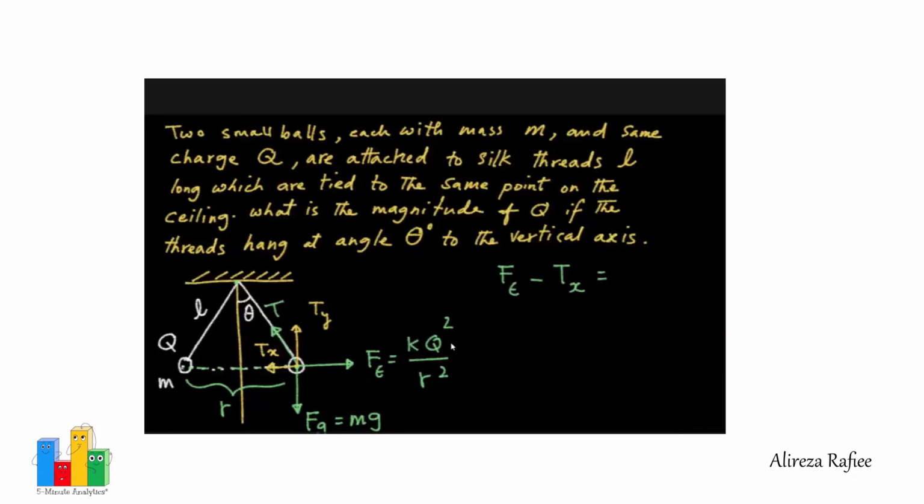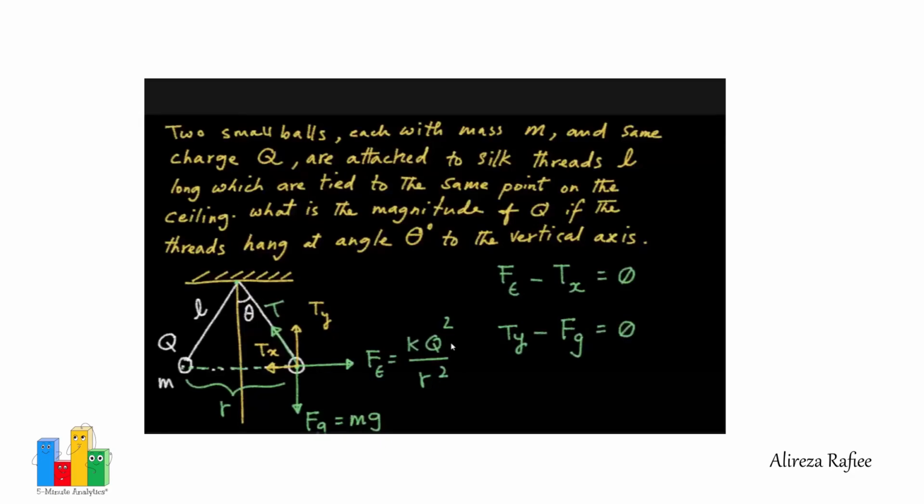It's not accelerating in the x-axis, so it would be equal to 0. And the y-axis will have T sub y minus F sub g equal to the acceleration times mass in the y direction, but this ball is not accelerating up or down, so the acceleration would be 0.